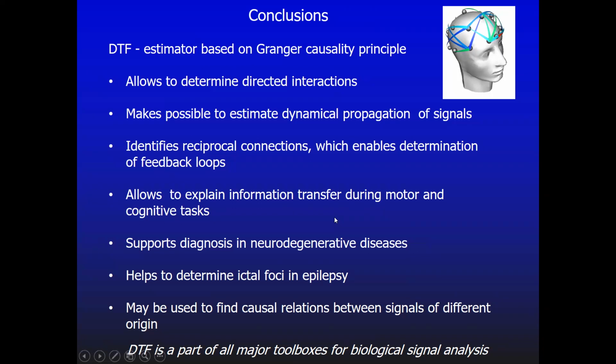It allows us to explain information transfer during motor and cognitive tasks, supports diagnosis in neurodegenerative diseases, and helps to determine ictal foci in epilepsy. It can also be used to find causal relations between signals of different origin.